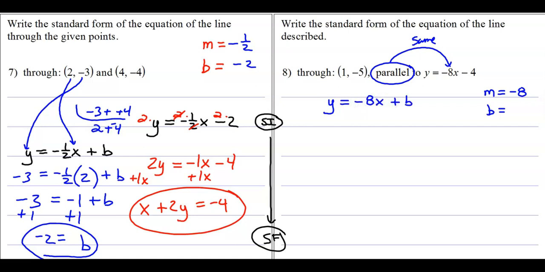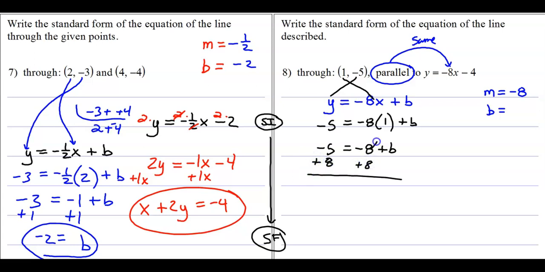I grab my y and my x and I jam them in. -5 equals -8 times 1 plus b. And that's -5 equals -8 added to b. Add 8 to both sides. I get b equals 3.